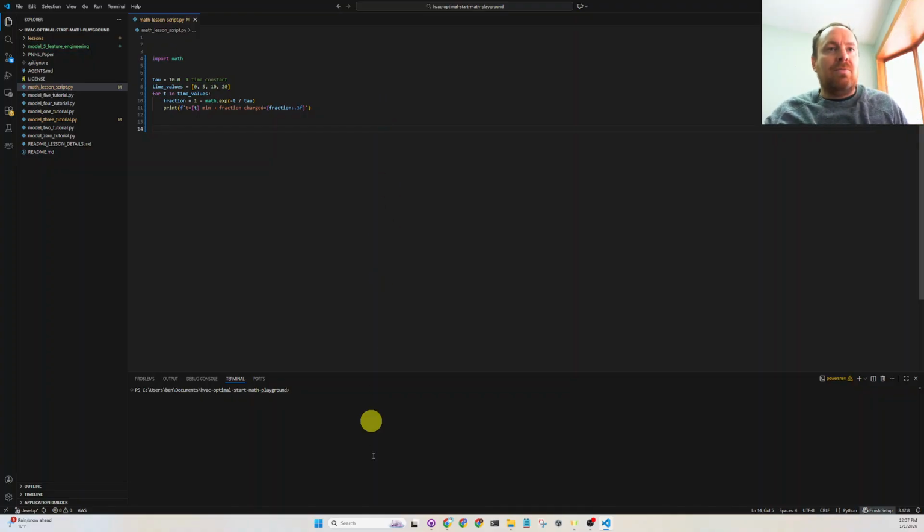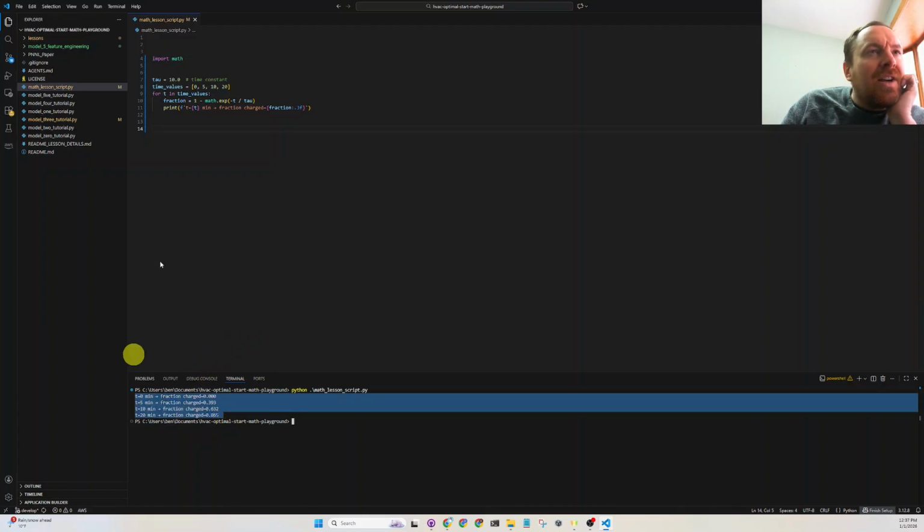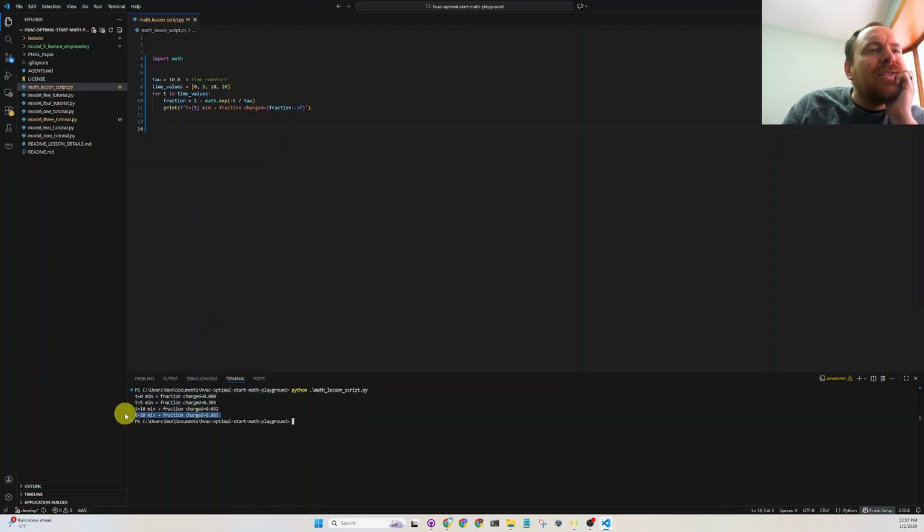Okay, so let's just run this. It looks like our simulation here is creating some kind of fraction and outputting time, I guess. Oh, these are just different time values, so they're doing some kind of smoothing right here with the math library.